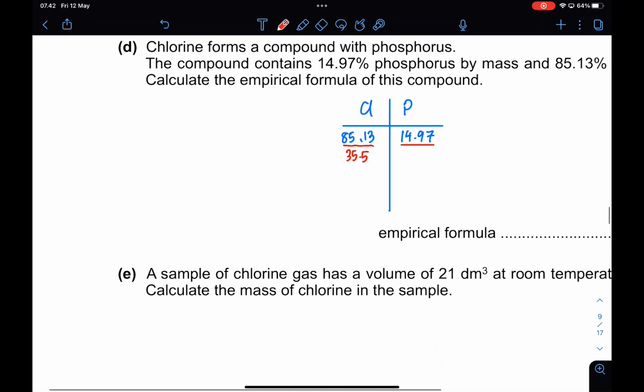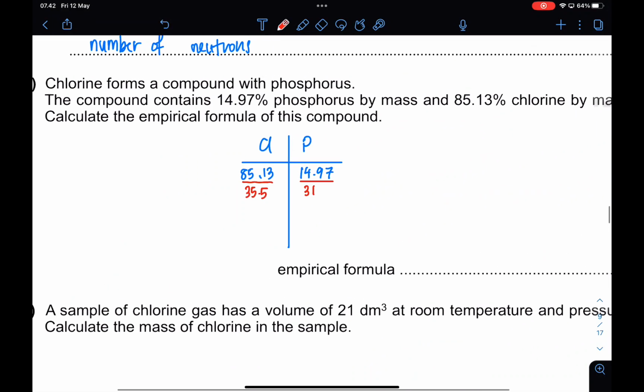So you help me to calculate now. Give me 3 decimal places.